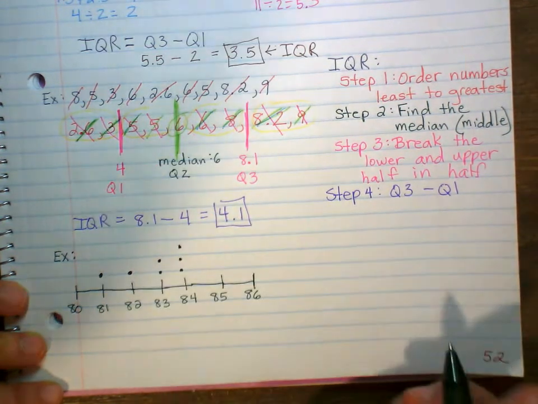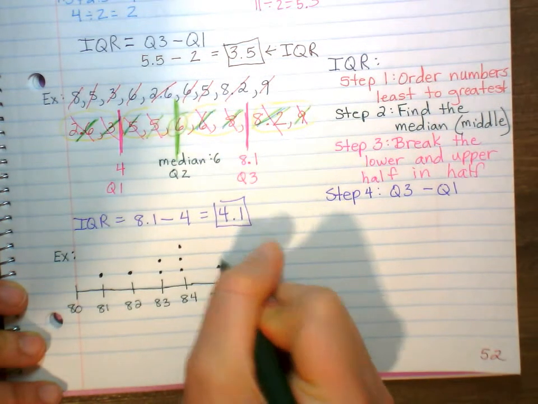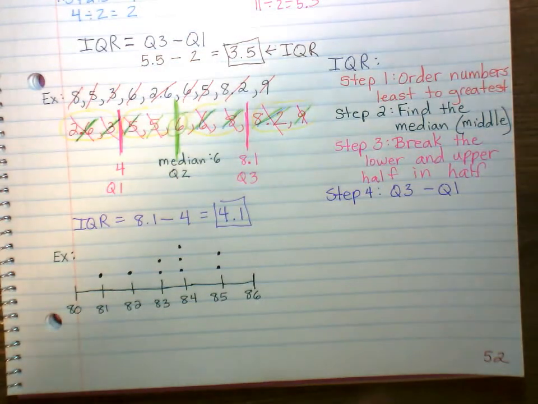So 3 dots at 84, and then 2 dots at 85. And we're going to find the interquartile range for this dot plot.